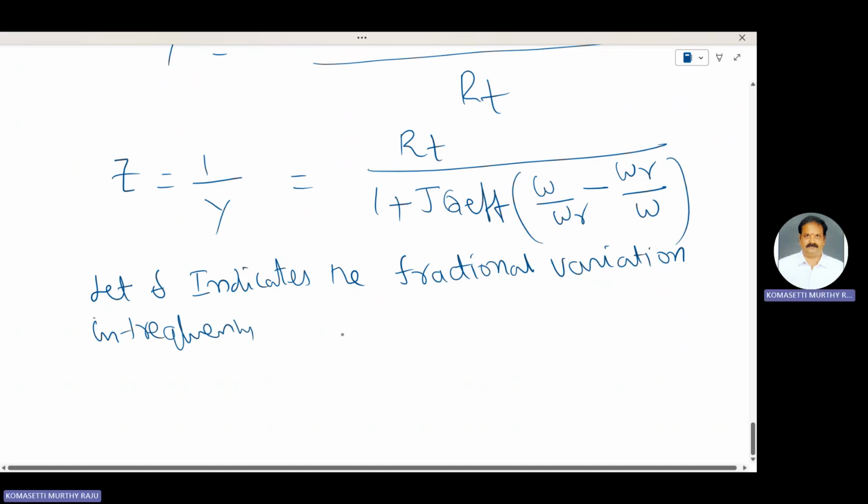Variation means ω is changed to ω naught, like that. Variation in resonance frequency or variation in resonant frequency.